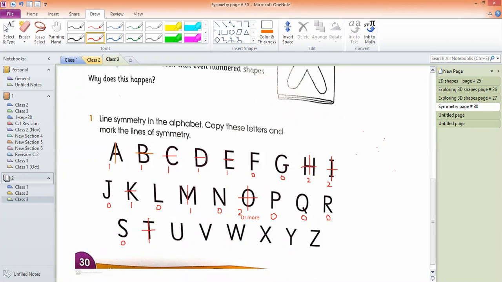That's why it is having only one line of symmetry, which is vertical. If you draw one more line here, it will become I and then it will be having two lines of symmetry. Is it clear, guys?